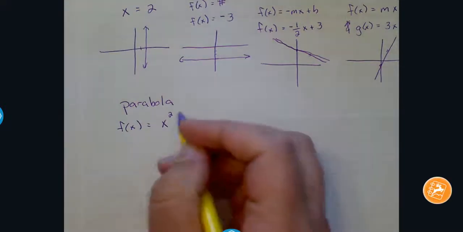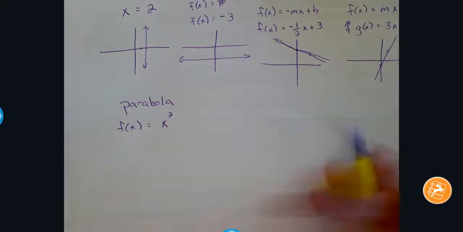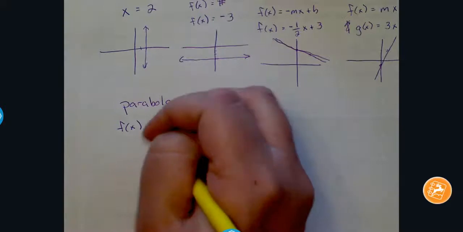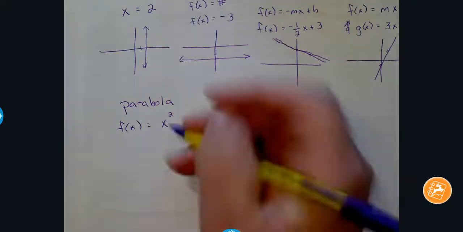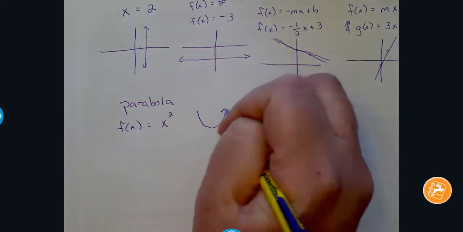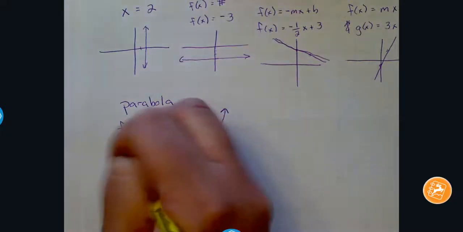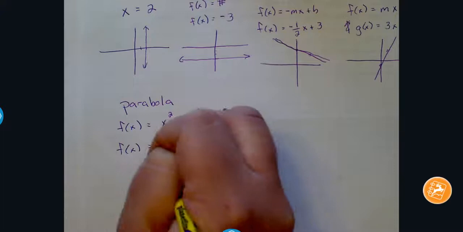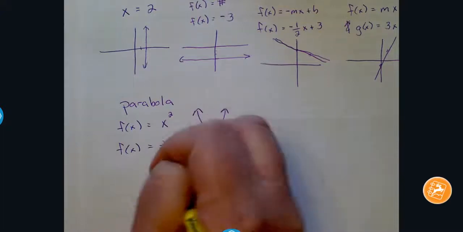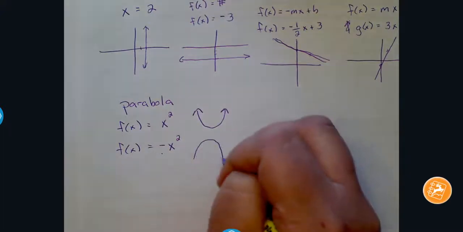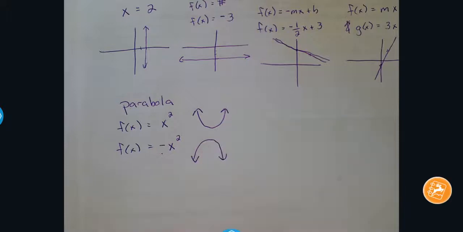When we have an x squared term, it's a parabola. If we have a positive number in front of x squared, our parabola is going to open up. If we have a negative number in front of x squared, our parabola is going to open down.